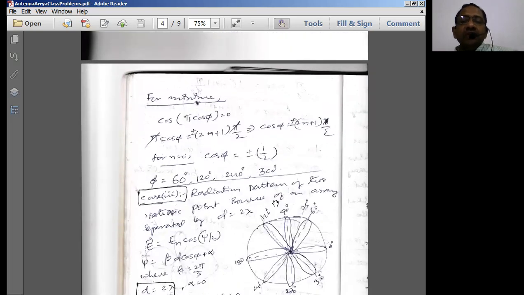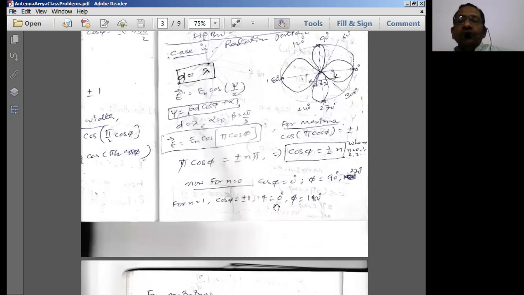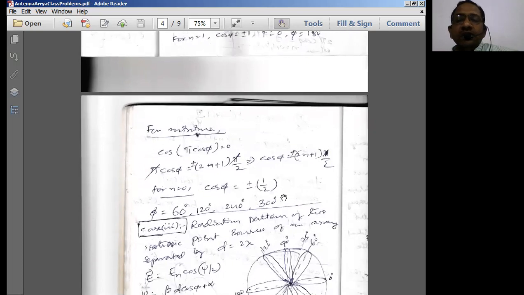Similarly, minima points. Even though we don't show them, in the examination you have to write the expression for the minima values as well, because you should indicate them: 60 degrees, 120 degrees, 240, 300. Even if you don't draw the radiation pattern, you have to indicate those particular phase angles.